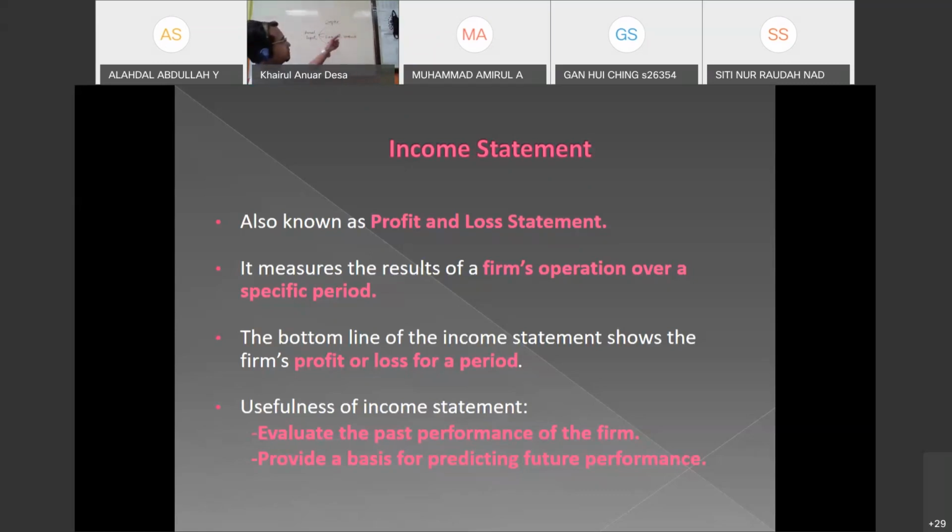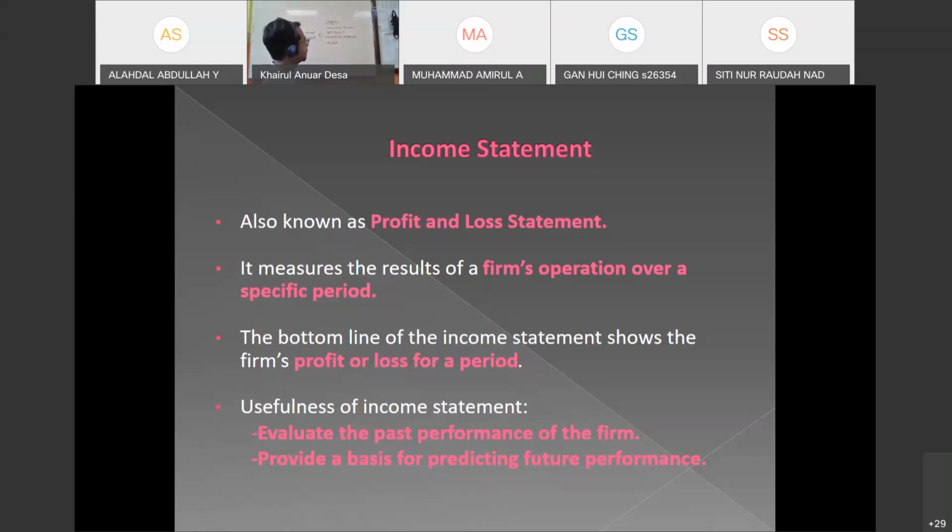Kemudian di sini kita ada economic review. Kita ada BOD report.